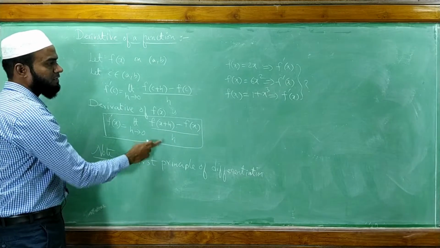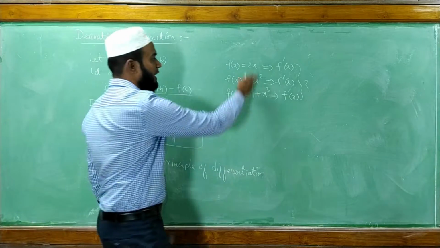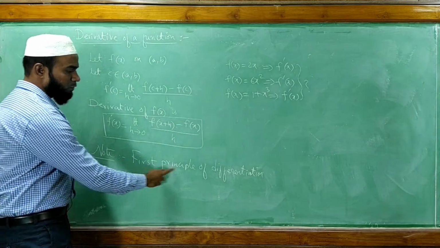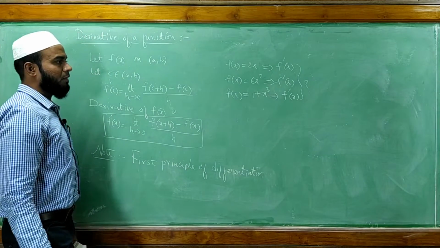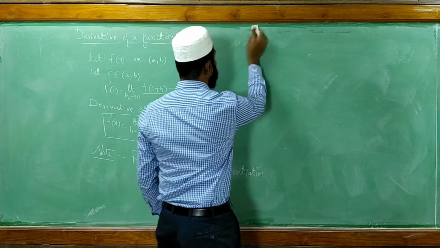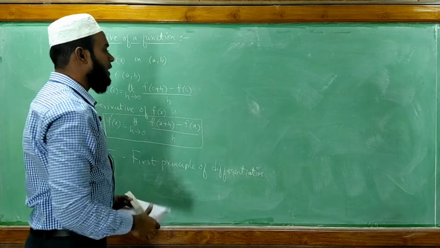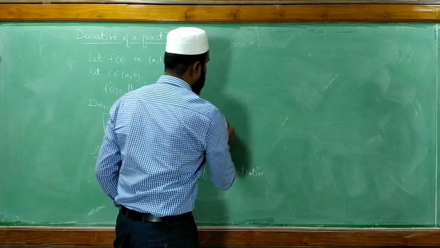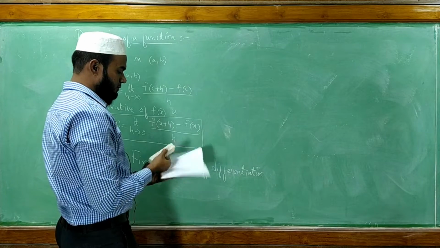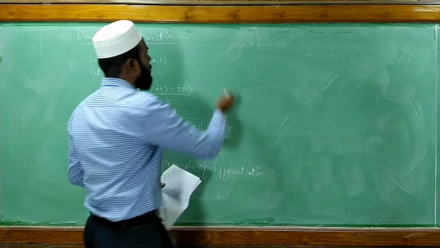By using this definition, if we find the derivative of any function, then such a process is called first principle of differentiation. Right? Now we will see a few problems, how to evaluate derivatives by using first principle. So, problems.